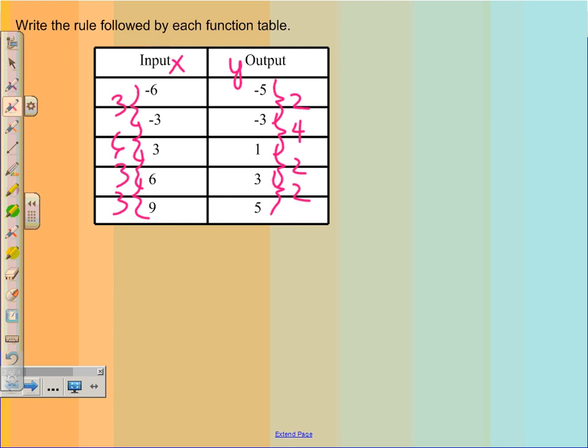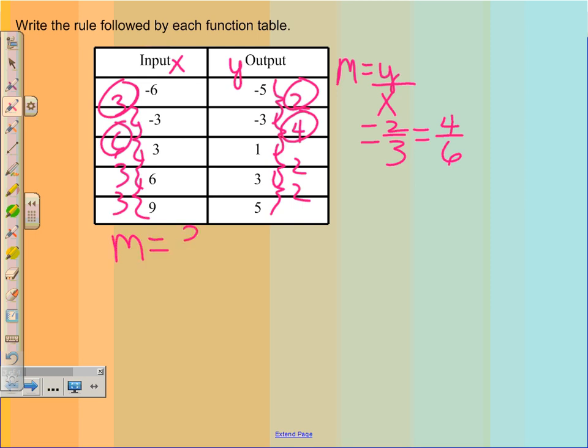So don't be thrown here by the 6 and the 4 as far as our change, because remember it's going to be the change in the y over the change in the x, again, not just the ordered pair. Either way you look at it, it doesn't matter. If it's 2/3, that's also equal to 4/6. Now, as far as writing it, we're going to say m is equal to our version that would be in lowest terms.